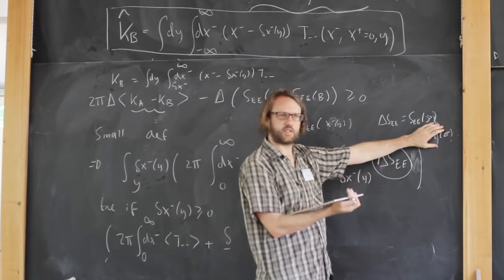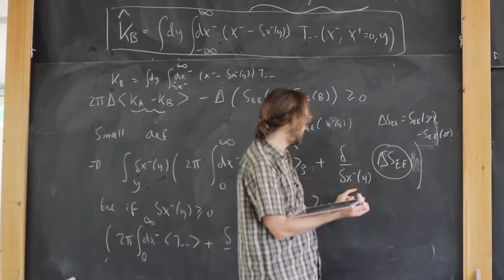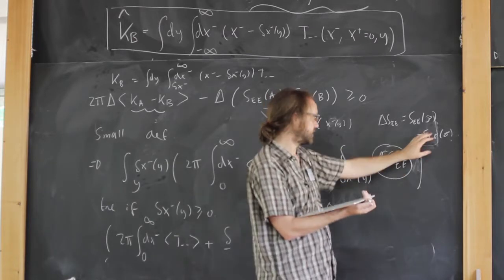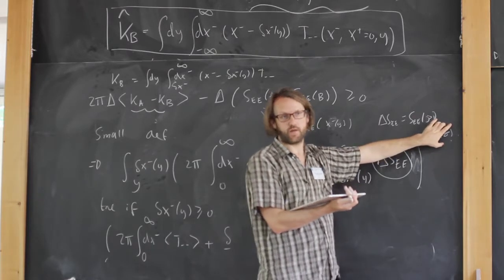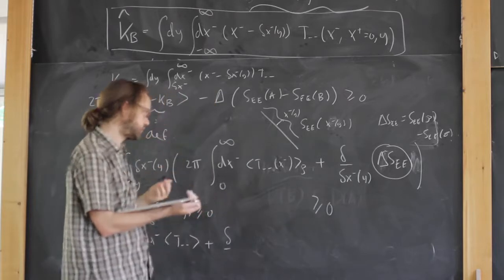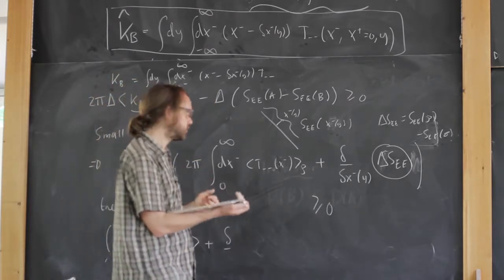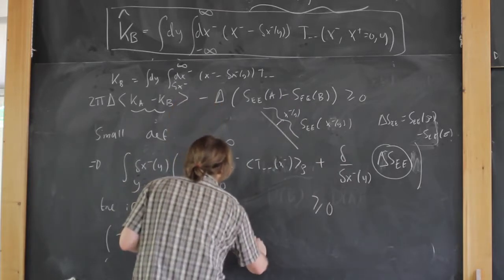But these things are somewhat divergent. However, you can argue that the functional derivative in the null direction of the vacuum part of this is 0, basically by relativistic invariance, by boost invariance. If you manage to regulate the entropy in a way that is boost invariant, that should be true. And so I can drop the change, and then I just get this.